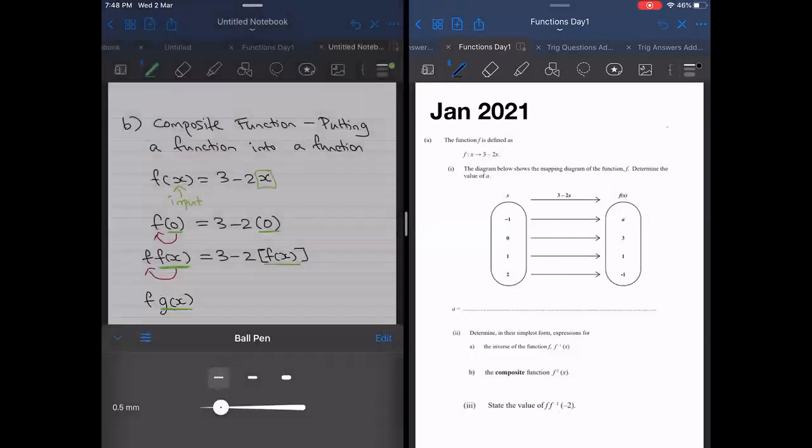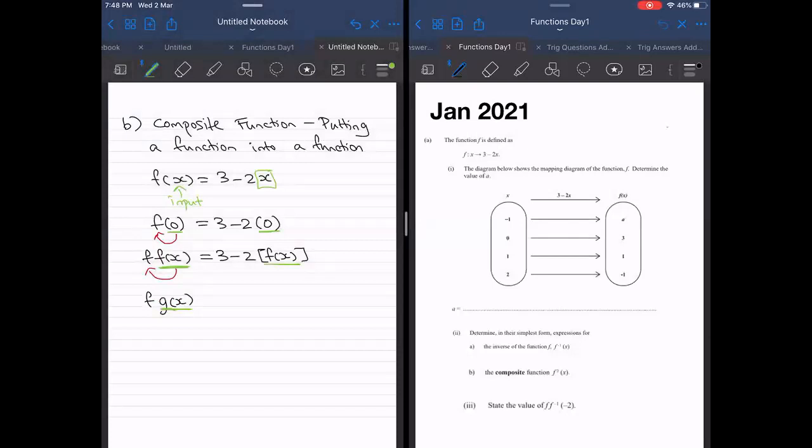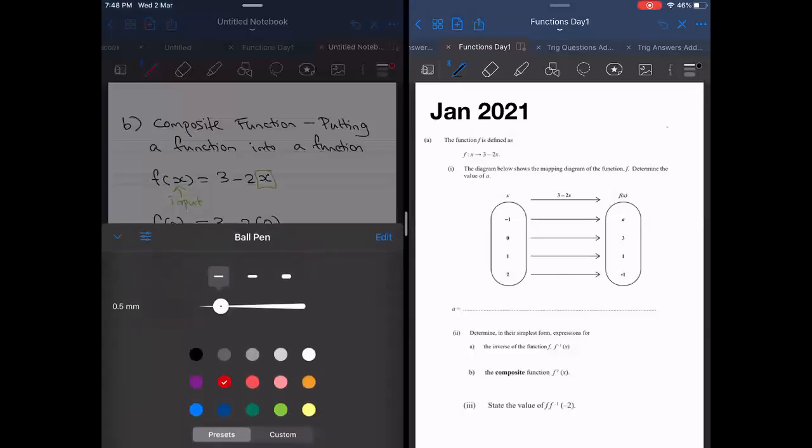So this is why it's called a composite function, because rather than putting in a number, sometimes we are asked to put in a function. The word composite means to put together, or to combine. So that's where the word is coming from. A composite function means put 2 functions together, combine 2 functions together. So you put the right into the left.